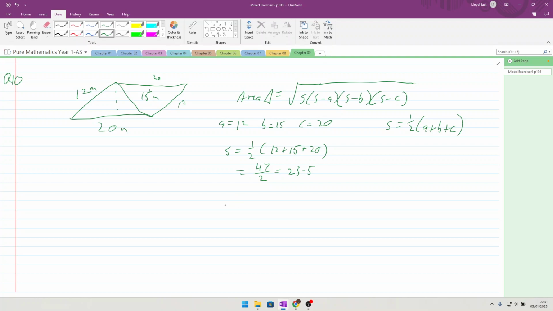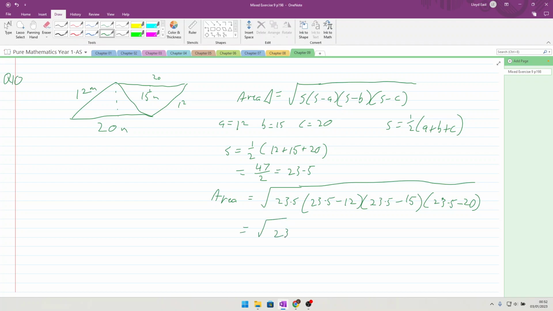And then we can start putting it in, and we can say the area is equal to the square root of 23.5 times 23.5 minus 12, and 23.5 minus 15, and 23.5 minus 20. 23.5 minus 12 is 11.5. Minus 15 is 8.5.